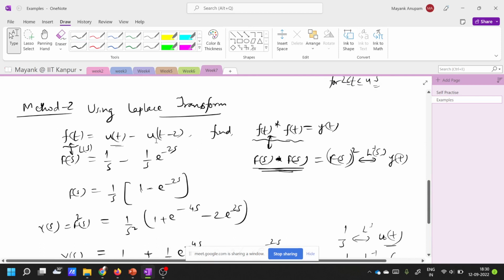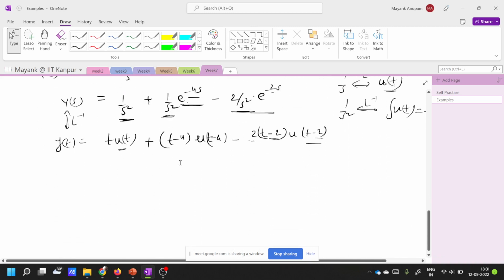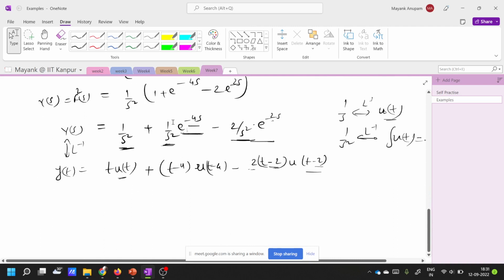We know that u of t has Laplace transform 1 by s. But since there was a time shift by 2 seconds, you also multiplied e to the power minus 2s. Similarly here, we know that 1 by s square is equal to t into u of t, right?